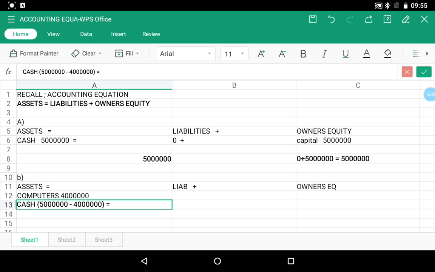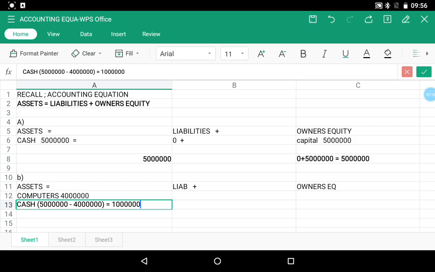That means under cash we shall be remaining with 1 million. So we bought computers worth 4 million, but remember he used cash, which was 5 million. When we subtract the one for computers, we shall be remaining with 1 million as cash.